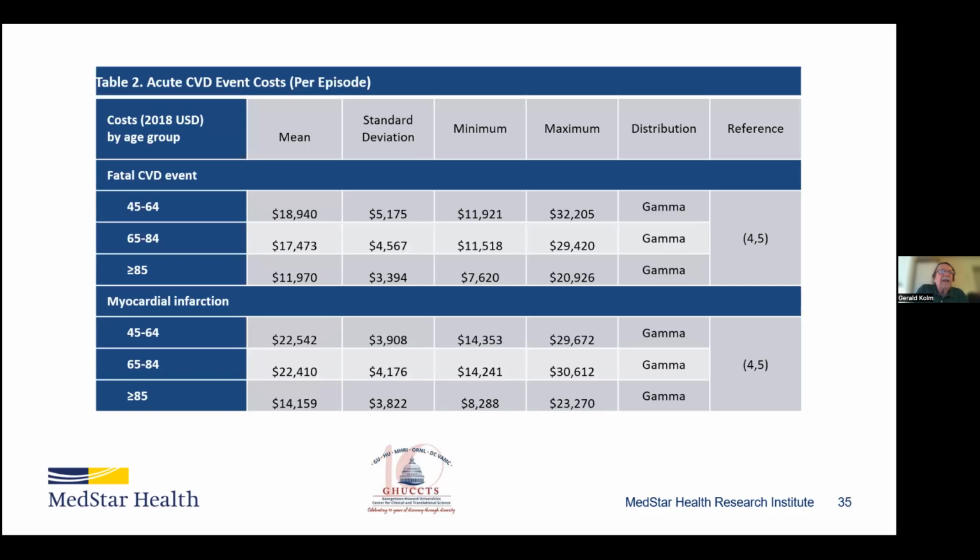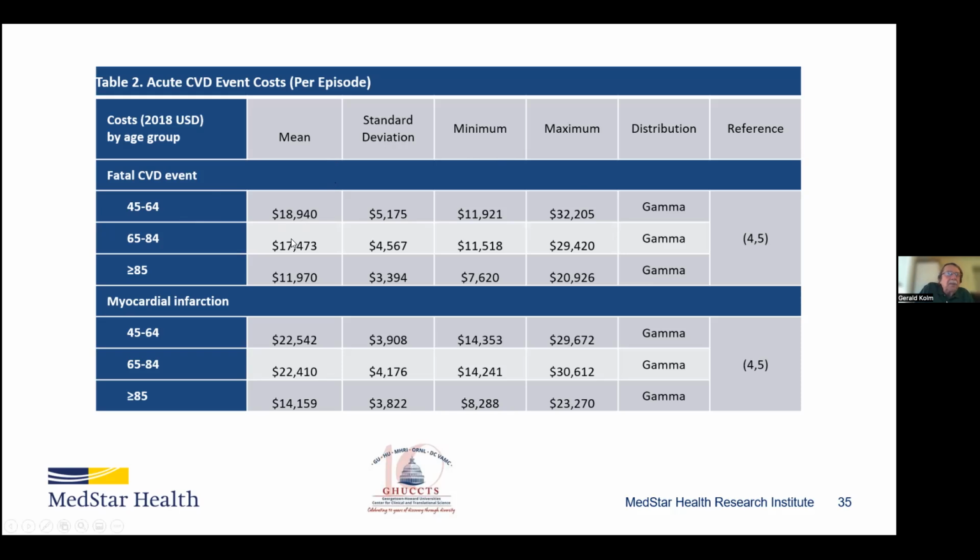And so here's an example from a study that we did some time ago where we looked at cardiovascular events. And so I have just a couple of examples here, and this is broken down by age groups. So what we have here is the mean cost for a fatal cardiovascular event in the 45 to 64 age group is close to $19,000.